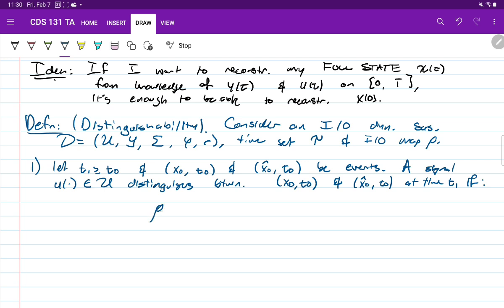Okay? So if I have rho of t1, t0, x0, u is not equal to rho of t1, t0, x0 hat, u. Okay?